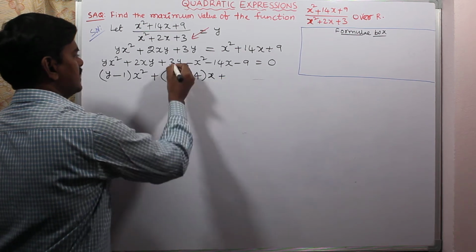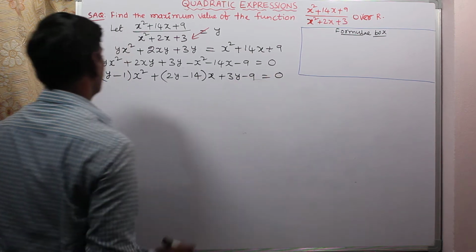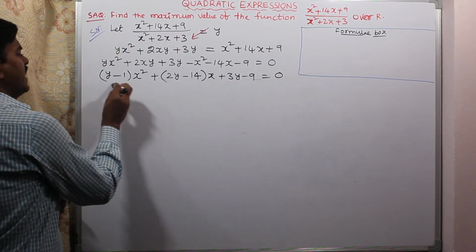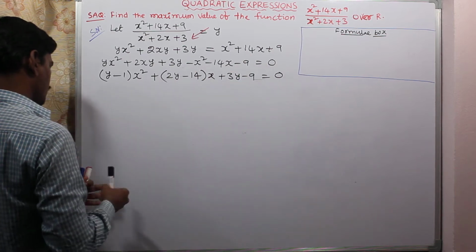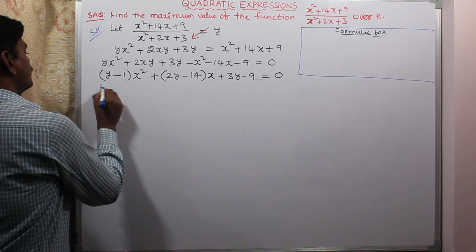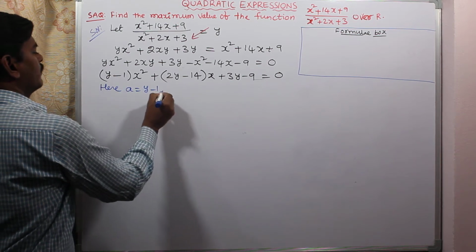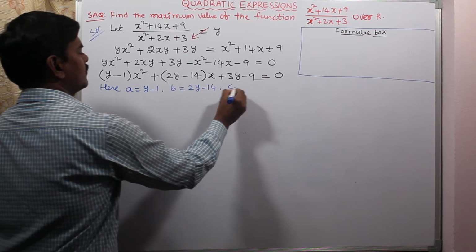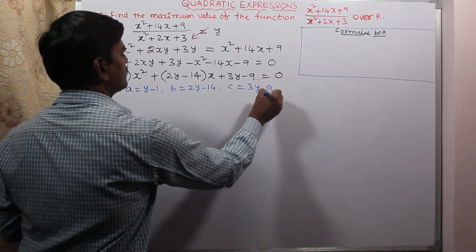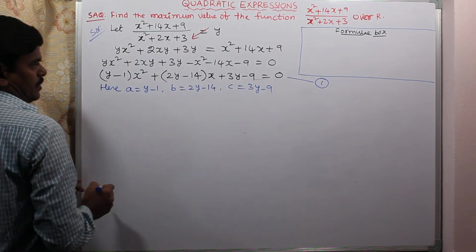Next, the constant, plus 3y minus 9, that equals 0. Now clearly it is in the form ax square plus bx plus c equals 0. So what are the a, b, c values? Here a equals y minus 1, b equals 2y minus 14, c equals 3y minus 9. Let it be equation number 1.